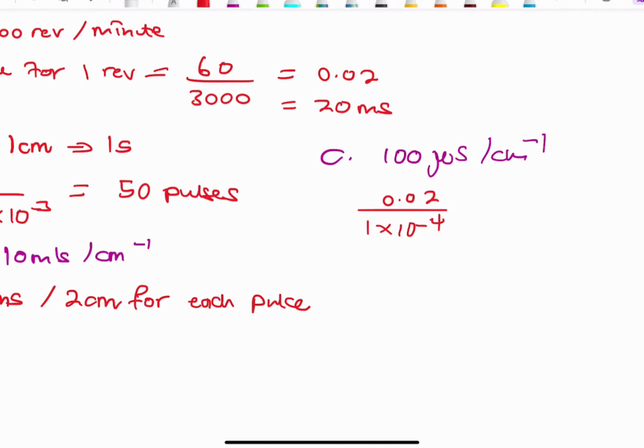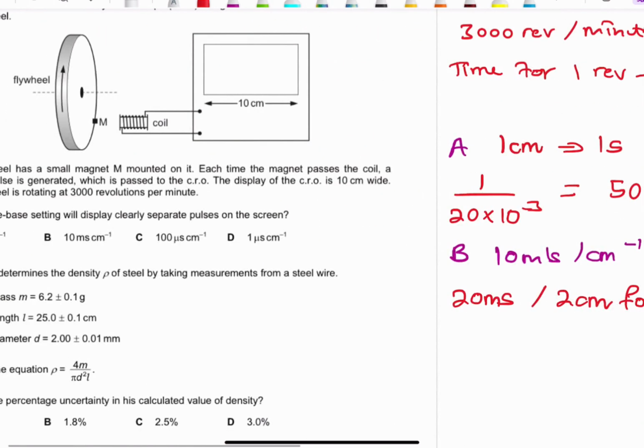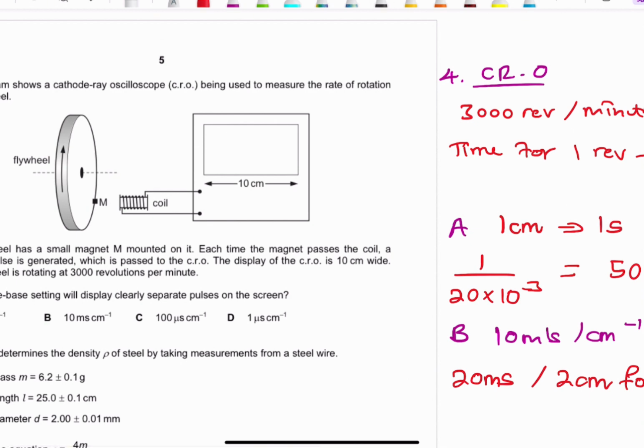If I have a time of 1 times 10 to the power of negative 4, how many centimeters do I need? It's about 200. So you'd need about 200 centimeters for you to see a pulse, meaning you won't even see a pulse, because you need 200 centimeters.